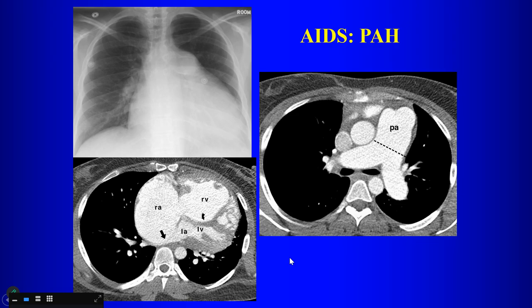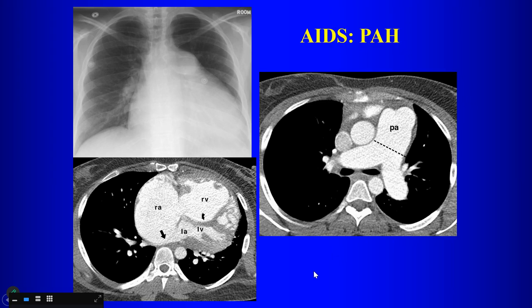Why does the right atrium enlarge in patients with pulmonary artery hypertension? Tricuspid regurgitation, yeah. In patients with pulmonary hypertension, a tricuspid valve is not going to handle that very well. So they develop tricuspid regurgitation, which is going to give you the enlargement of the right atrium.